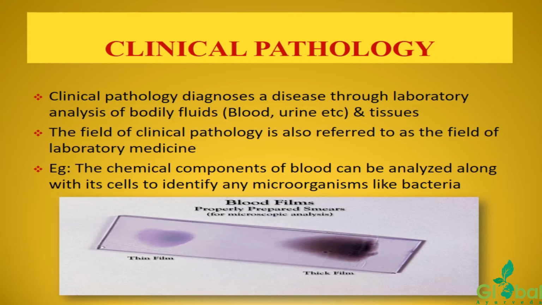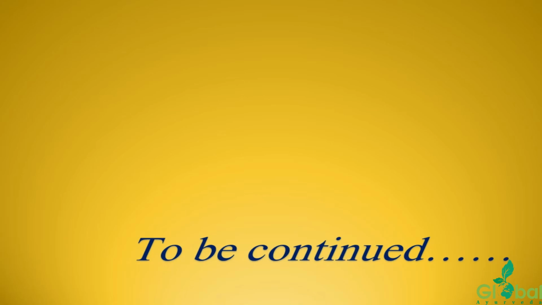This is another utility of clinical pathology. Subclassification of clinical pathology we will discuss in our next part. So in this part we discussed anatomical pathology and its subclassification. Clinical pathology subtypes we will discuss in the next part.